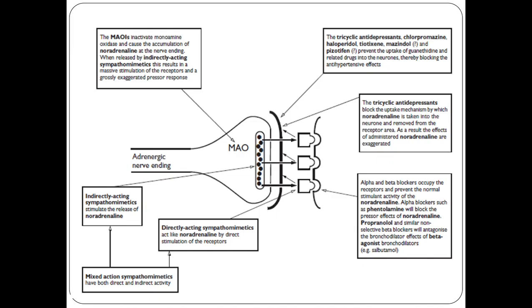Alpha and beta blockers occupy the receptors and prevent the normal stimulant activity of noradrenaline. Alpha blockers such as phentolamine will block the pressor effects of noradrenaline, and propranolol and similar non-selective beta blockers will antagonize the bronchodilator effects of beta agonist bronchodilators, for example salbutamol.